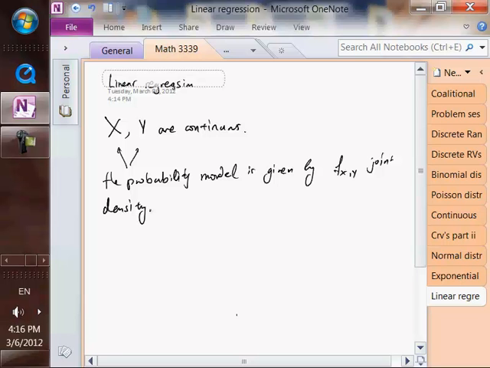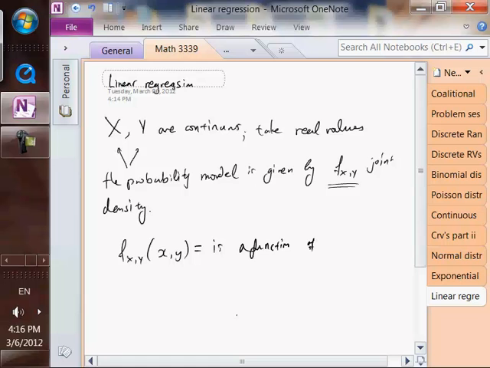Now, before seeing what is the less information, I need to give you some example or illustrate the concept a little bit. The joint density, if we have two random variables, x and y, both take real values. That is a function of x and y.